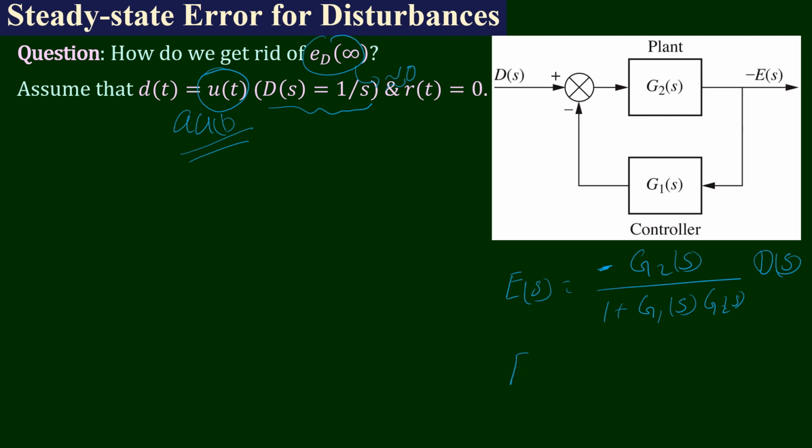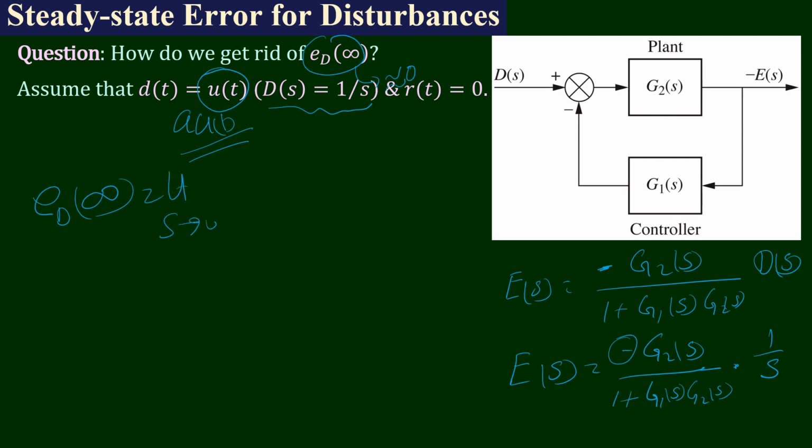So in this situation E of s will be equal to minus G2s upon 1 plus G1s into G2s into 1 over s. Now if we are looking only for the absolute value of the steady state error, then we may remove this minus from here, and we know that the E d infinity will be equal to limit s tends to 0 of s E of s, provided this closed loop is stable.